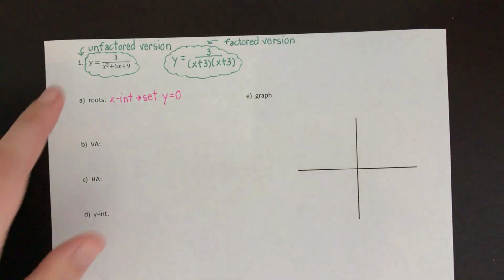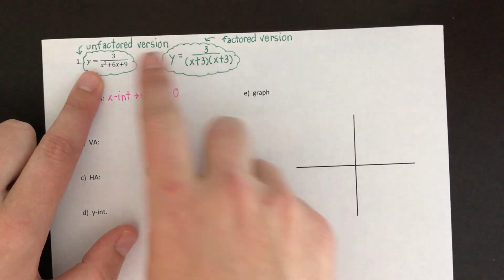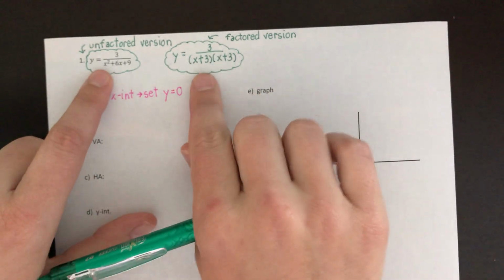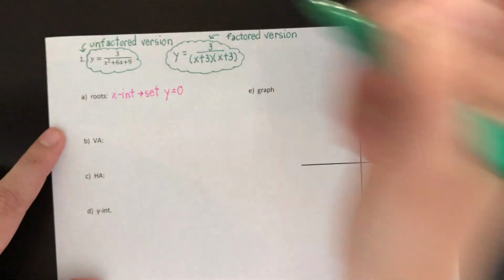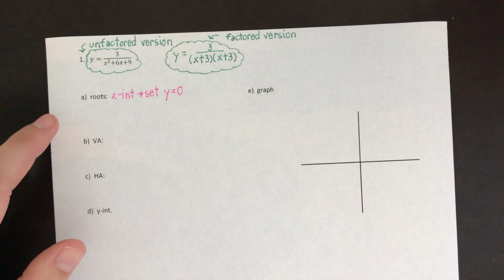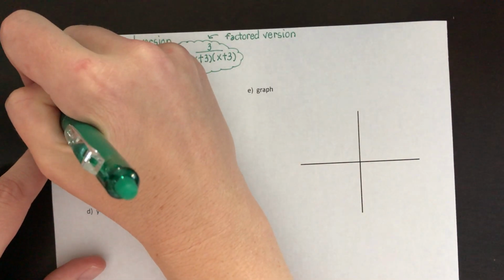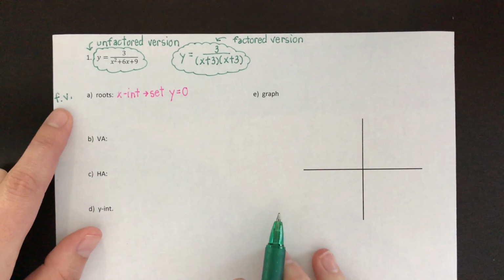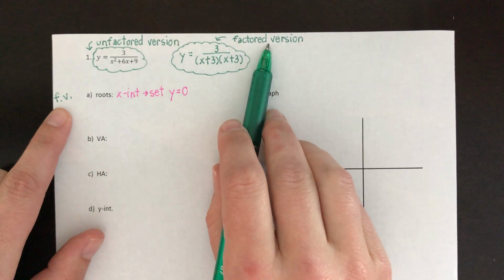Okay, so it doesn't really matter which version you use. I typically use the factored version for this. Well, actually, in this case, it doesn't matter, but I will show you why it does in a minute. So we're going to use always the factored version. So that's why I'm saying FV here for factored version.